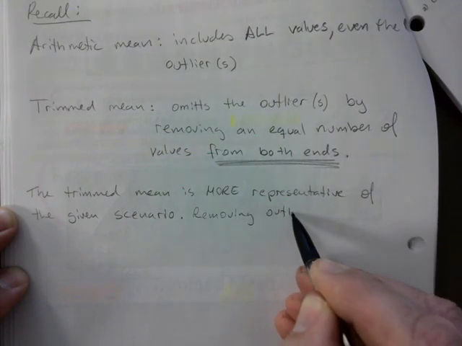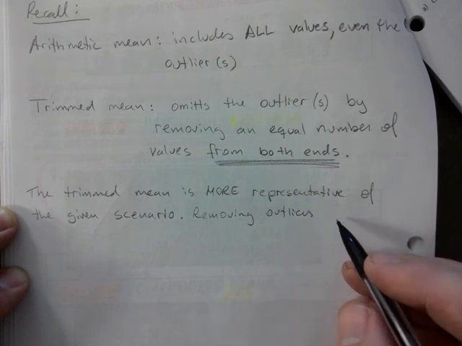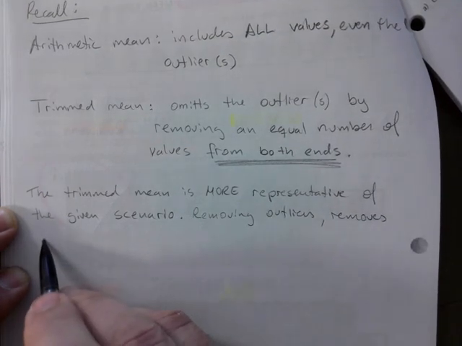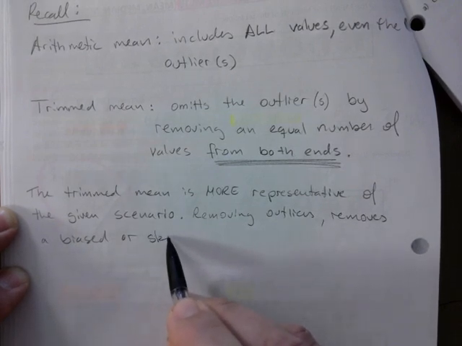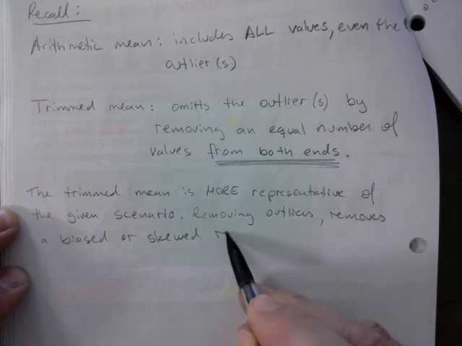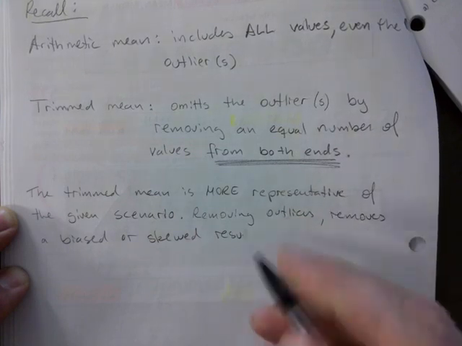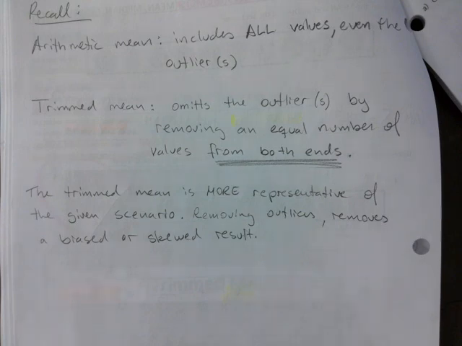Removing outliers removes a biased or skewed result. Trimmed mean is more representative of the given scenario. So removing outliers removes a biased or skewed result.